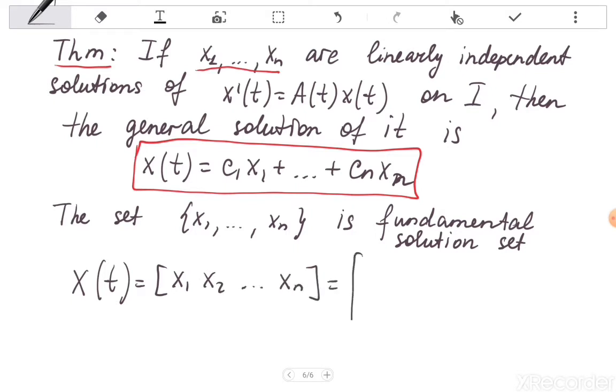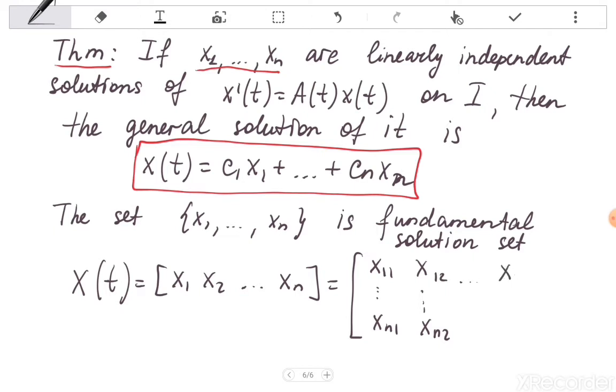Of course, each solution is a vector function of length n. So let's say the first solution has the components x11 and so on xn1, and the second one has the components x12 and so on xn2, and so on.